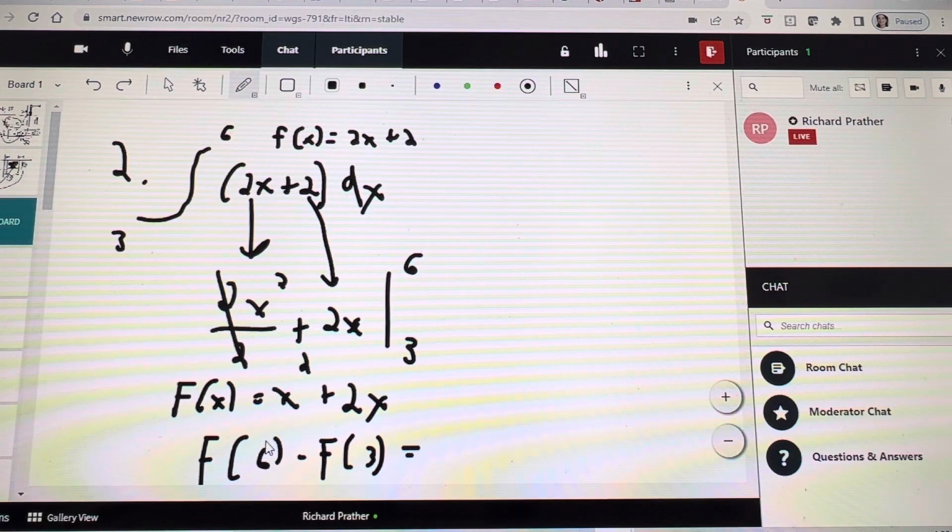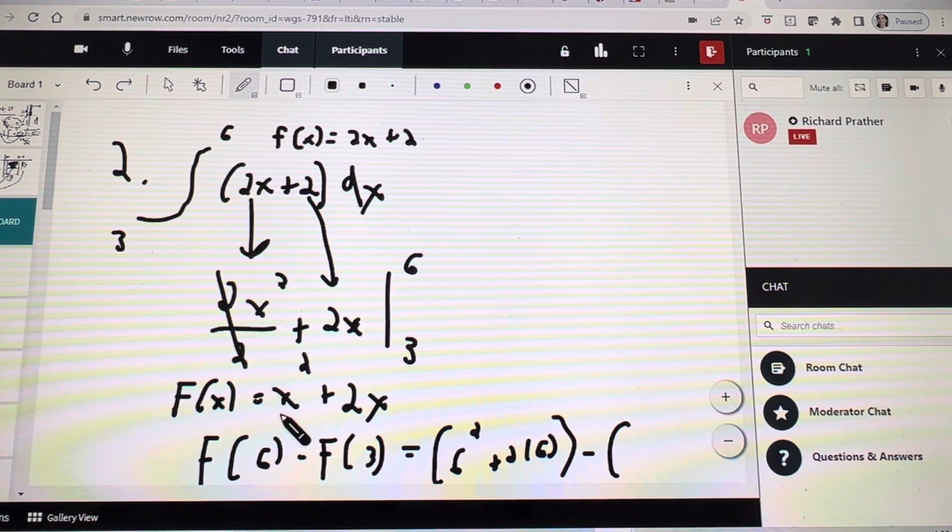So F of 6 would be 6 squared plus 2 times 6, and it's helpful to put that all in parentheses, because then you know where F of 6 started and stopped. Minus, now here comes another parenthesis for F of 3: 3 squared plus 2 times 3.